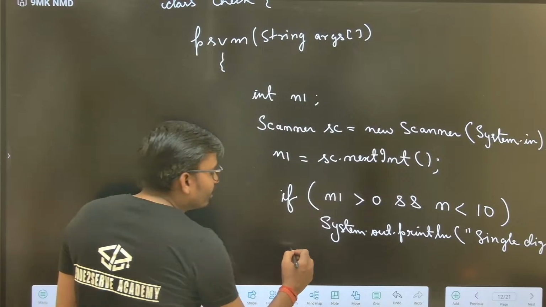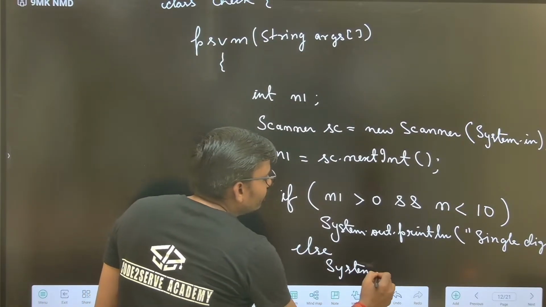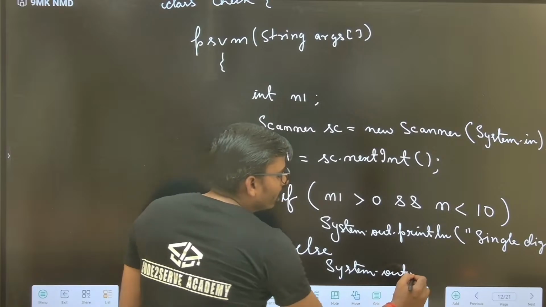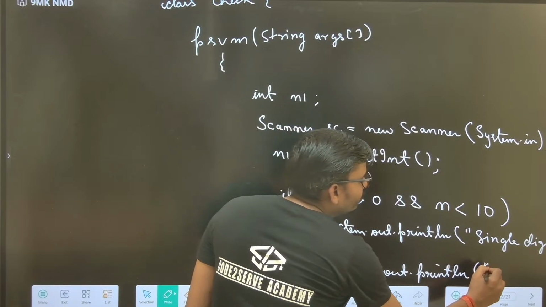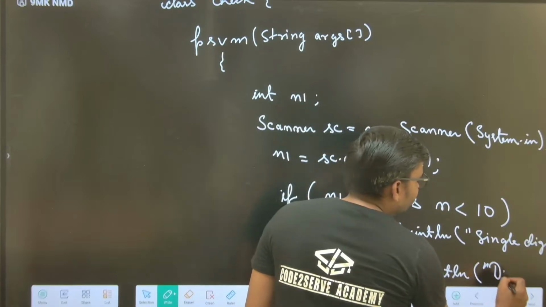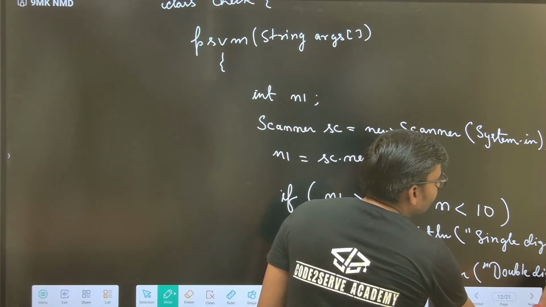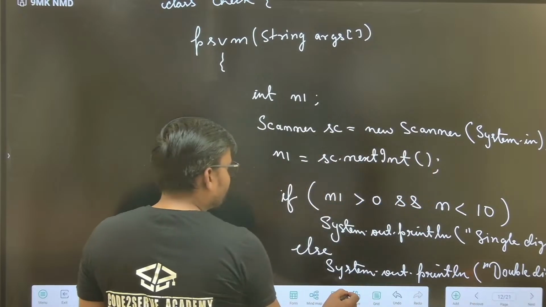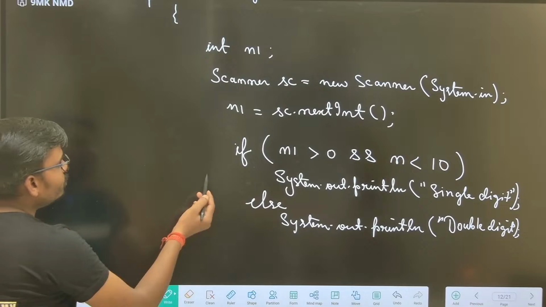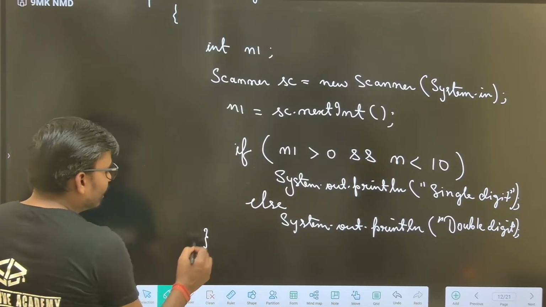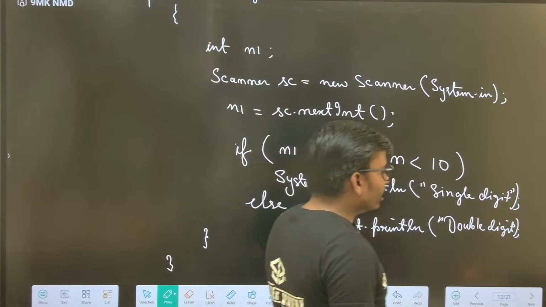So we'll write over here else system dot out dot println, and you are going to pass double digit. Next, we will close the main part and then we'll close the class part. All right. So it was very easy.